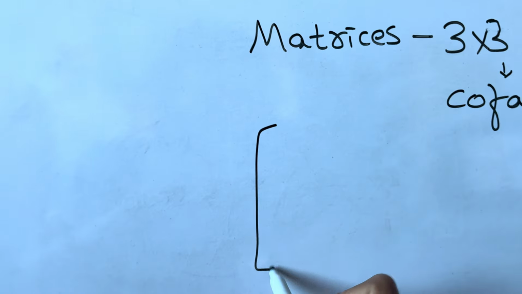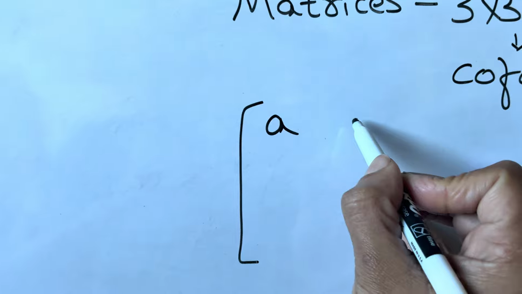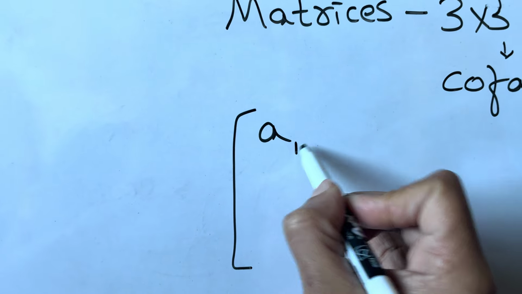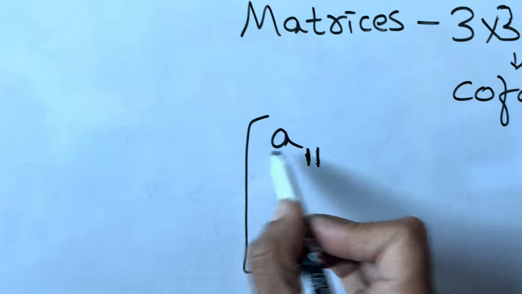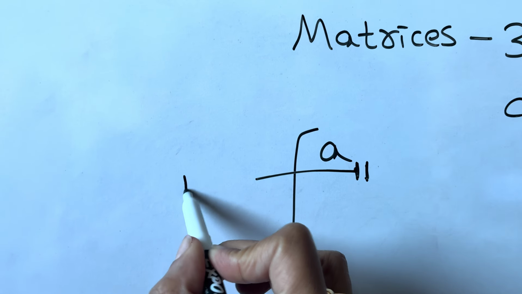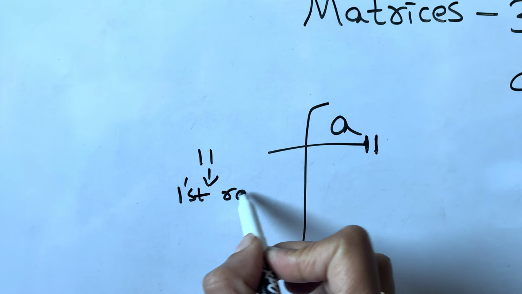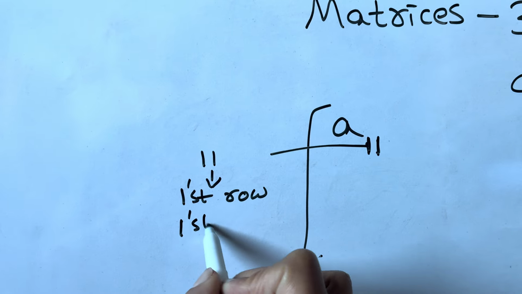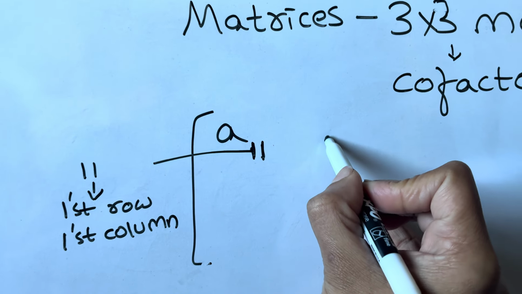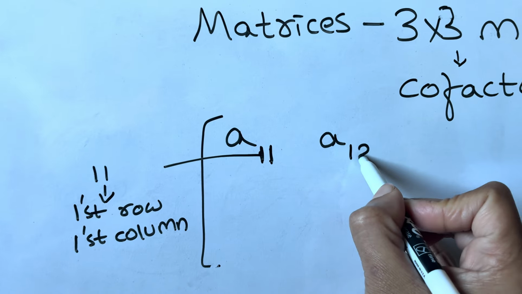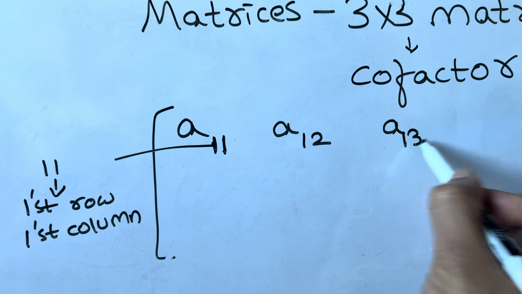So let me take an example of the standard matrix A. First row, first column, I'm naming it as A11, which indicates first row and first column. This is first row second element, A12, and first row third element, A13.